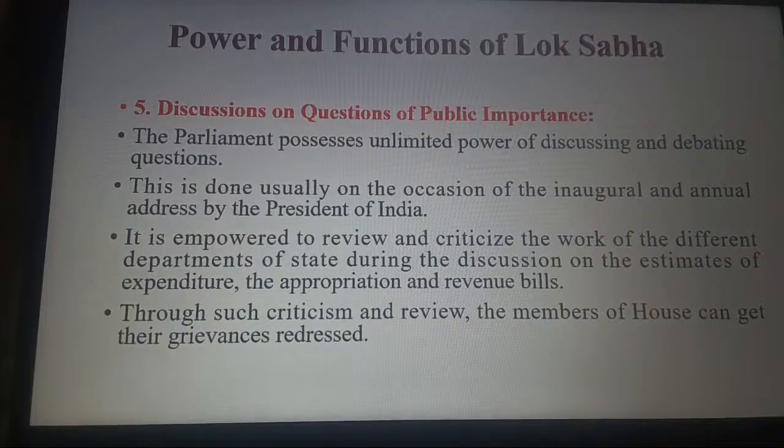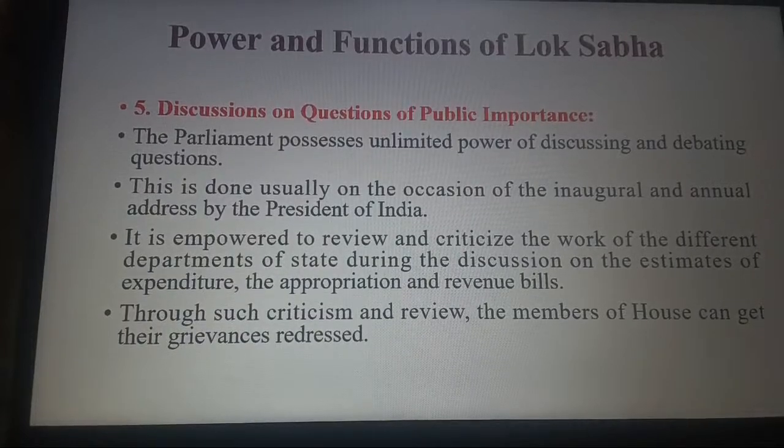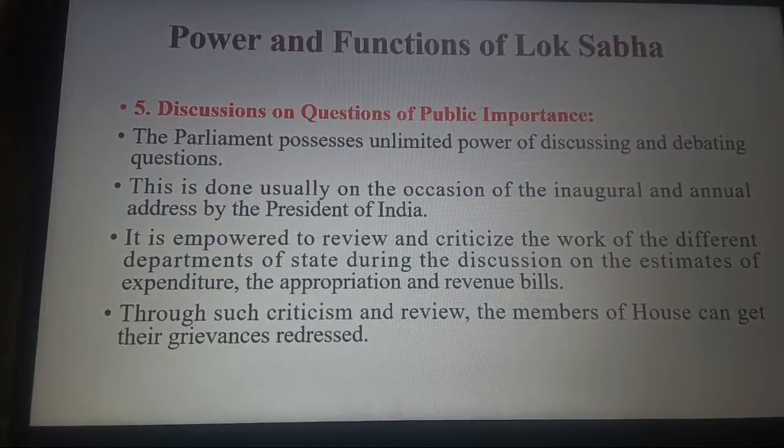Discussion on questions of public importance. The Parliament possesses unlimited power of discussing and debating questions. This is done usually on the occasion of the inaugural and annual address by the President of India.